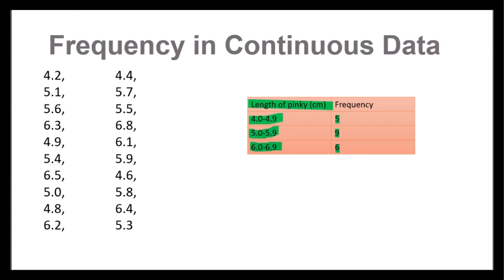Now, it's sort of up to you to decide what sort of ranges make sense. These groupings only result in 3 different classes, and you might want to break it down into smaller groups than that, and you certainly could. But you do typically want to group your continuous data into intervals.